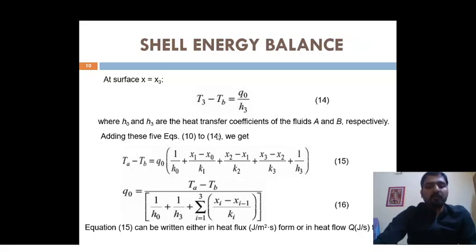In the next slide we will discuss that this is the overall heat transfer coefficient.